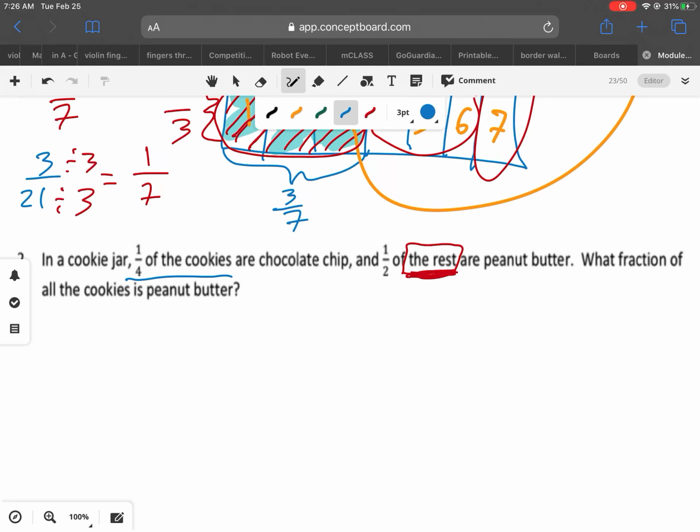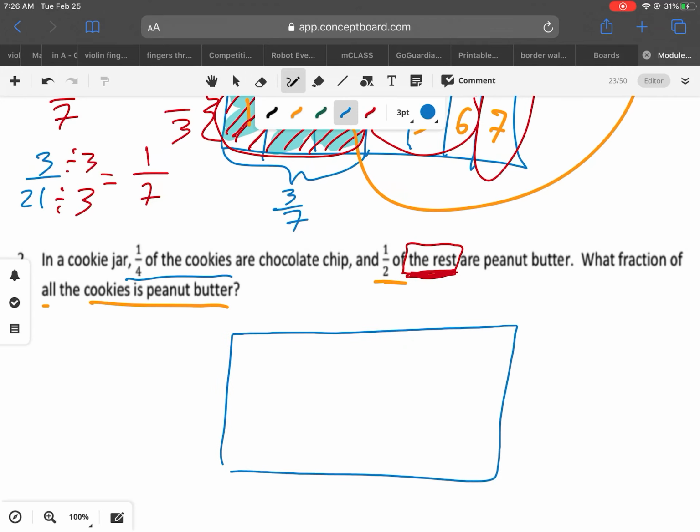Okay. 1/4 of a cookie jar are chocolate chips. So we're going to first cut it into 1/4. And then we have what fraction of all the cookies is peanut butter. That's the part we're going to look at after the peanut butter. Alright, so first we're going to start off with our chocolate chip.